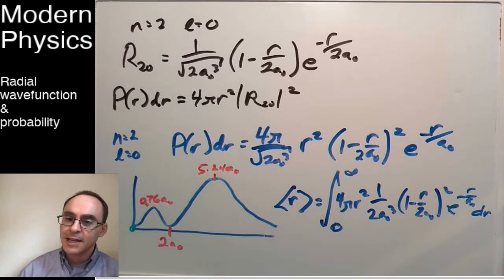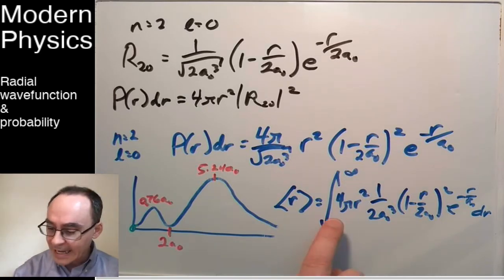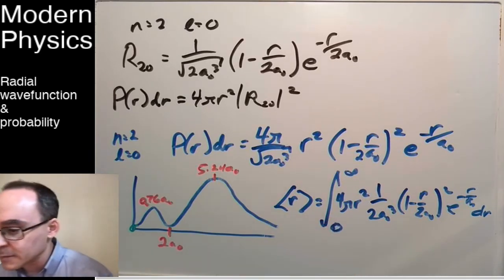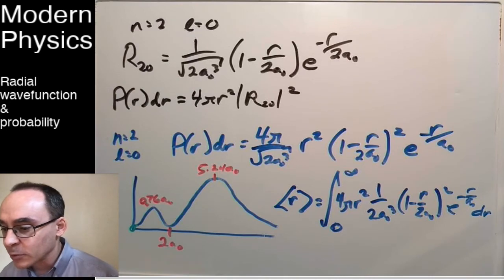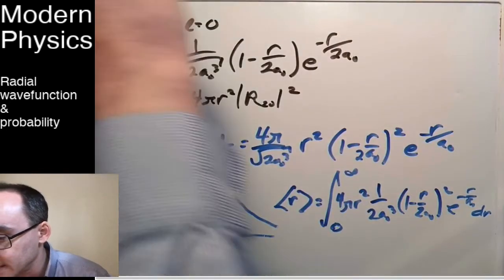In some conventions they integrate to 1, and in some conventions they integrate to 1 over root 4 pi, and it cancels this 4 pi here. So I want to be a little bit careful about that and check which we're dealing with here.